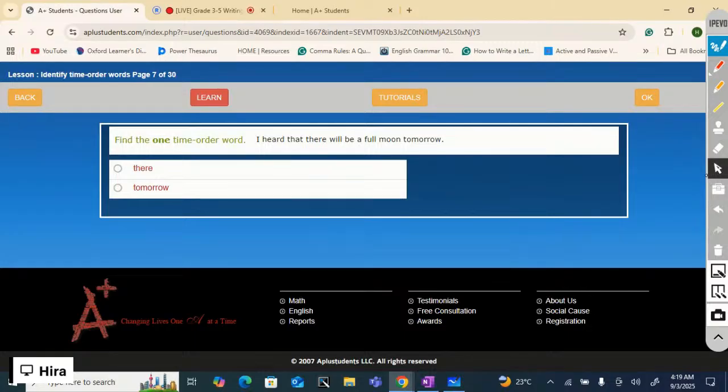Yes. Somebody has answered. Biruk? Yes, it's option two, tomorrow, because it tells, I heard that there will be a full moon tomorrow. It talks about future.